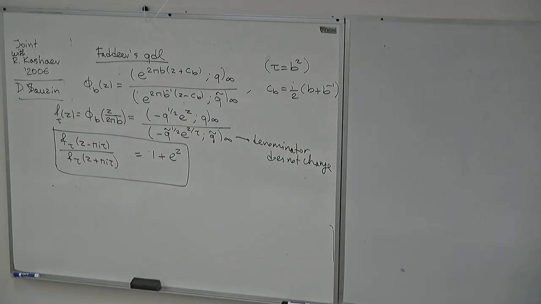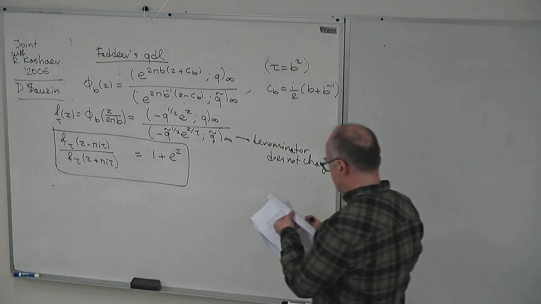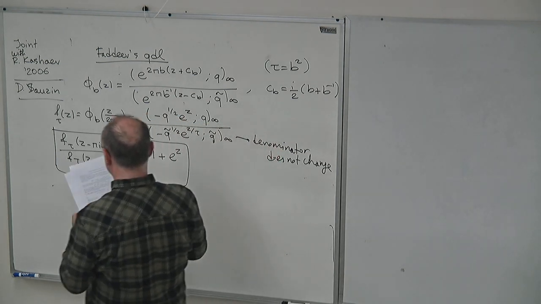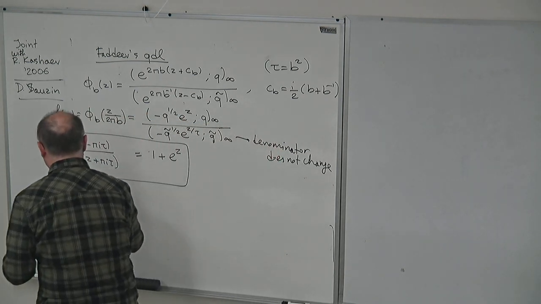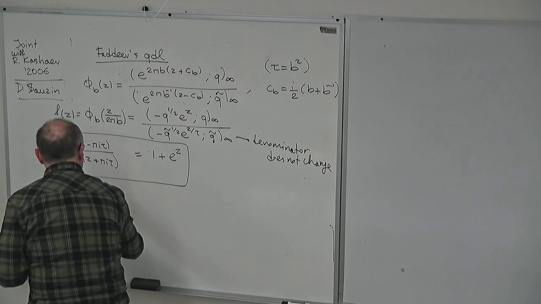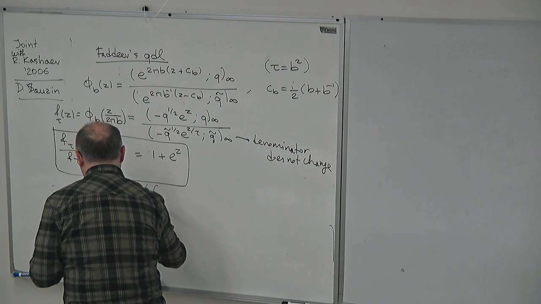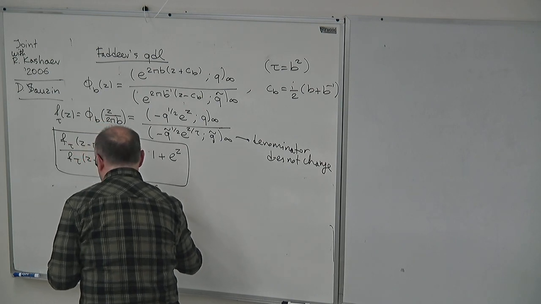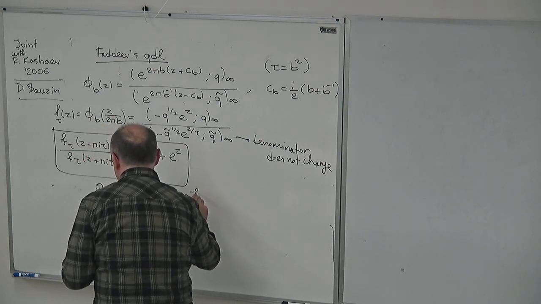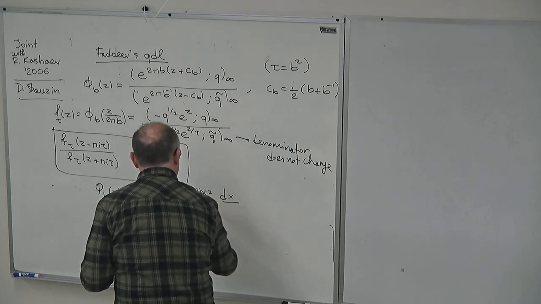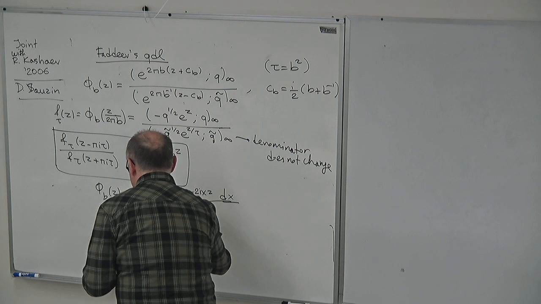So the integral version is, we will need the integral version: the exponential e to the minus 2i x z dx over x.